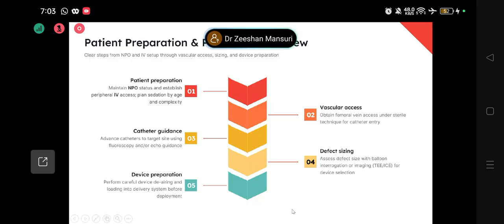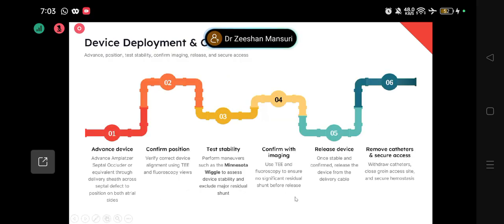The most important aspect is, whenever you advance the device, or whenever you confirm its position, when the left atrial disc is deployed for the first time, there may be a gush of air bubbles which may be released into the left side of the system, which can cause sudden bradycardia or atrial fibrillation, or sometimes atrial tachycardia.